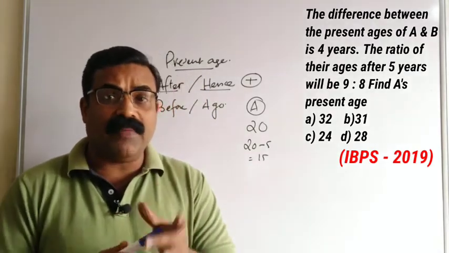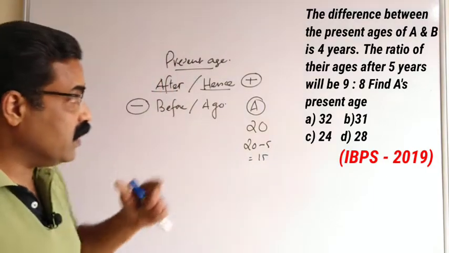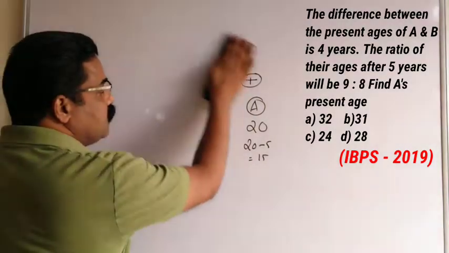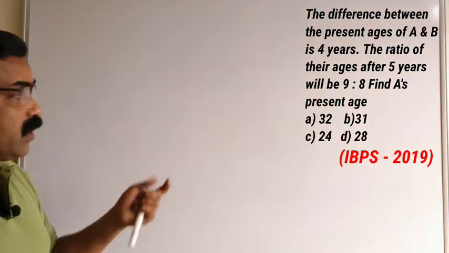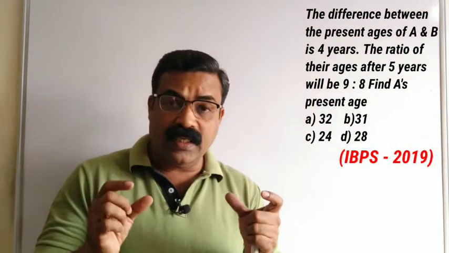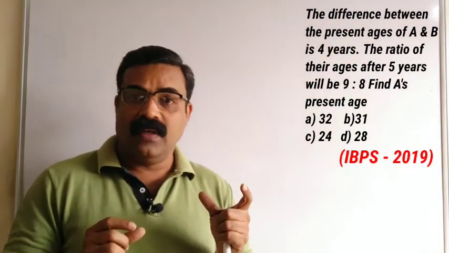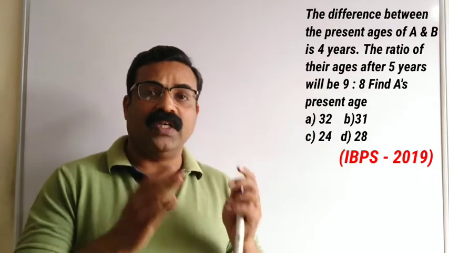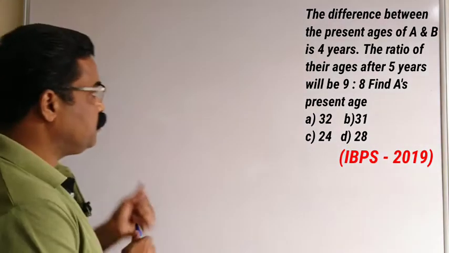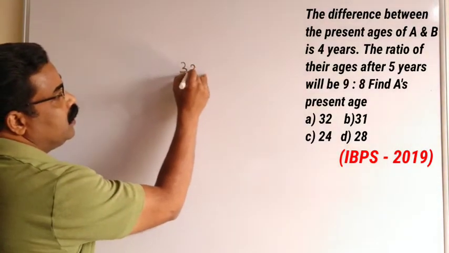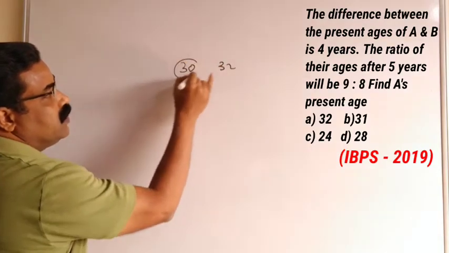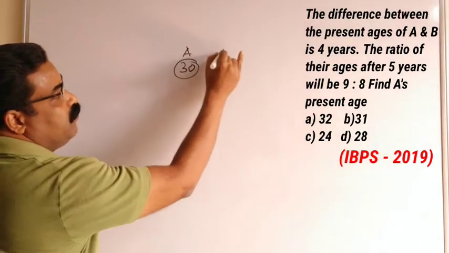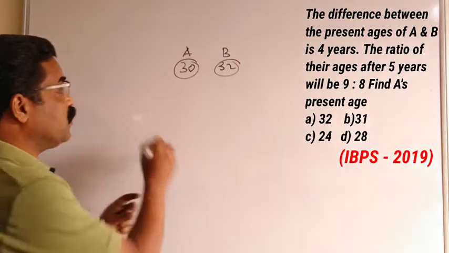The second very important concept I want to tell you here is the difference between the ages. That is also one of the very important concepts here. Suppose the present ages of two people are 30 and 32. This is the age of A and this is the age of B. I'm talking about the present age.